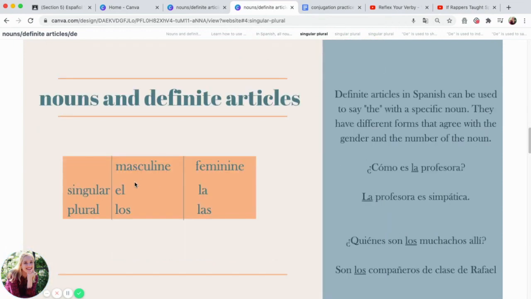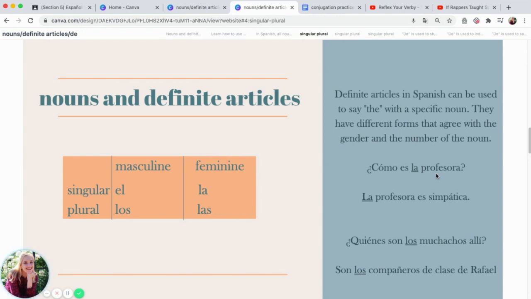So here's a little chart to help us figure out which definite article we are going to use. First, we need to ask ourselves, is it masculine or feminine, right? And then we need to ask ourselves, is it singular or is it plural? So for example, a singular feminine noun would look something like profesora.